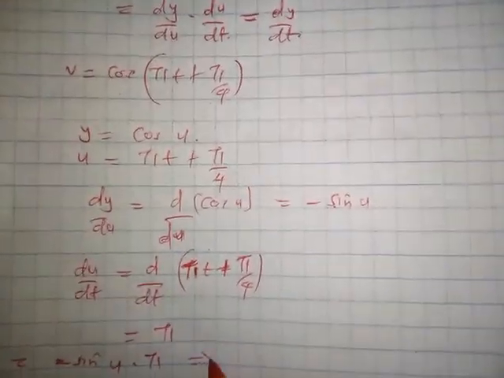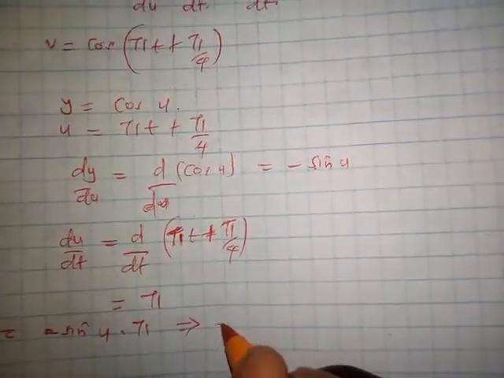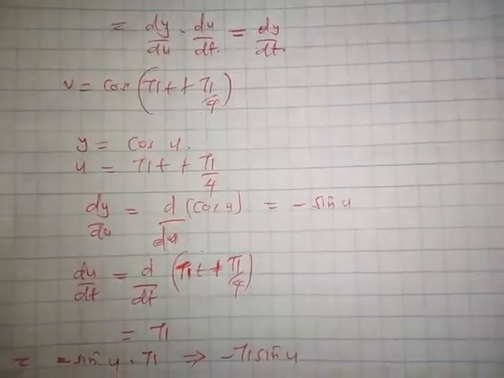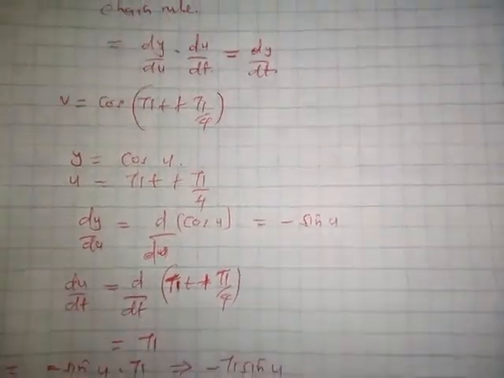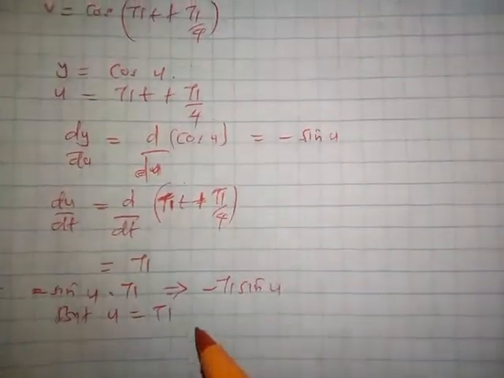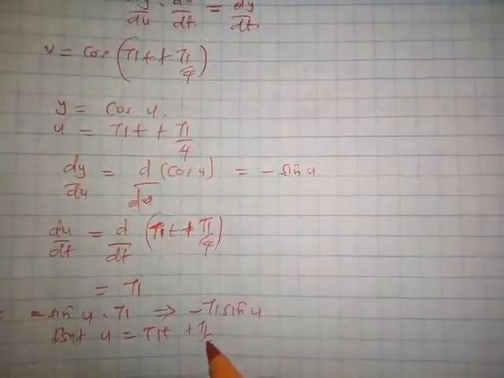We get negative π sin u, but remember, u is equal to πt + π/4.